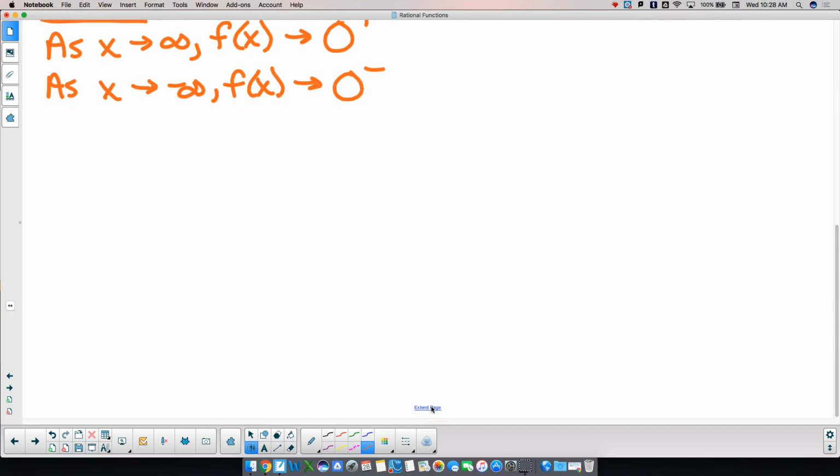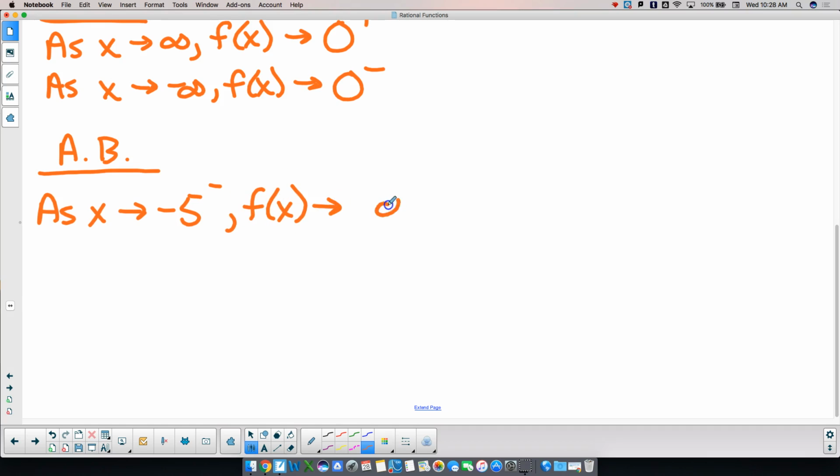Now let's go to asymptotal behavior. As x goes to negative 5 from the left, my function is going to go to some kind of infinity. As x approaches negative 5 from the right, my function is going to go to some kind of infinity.